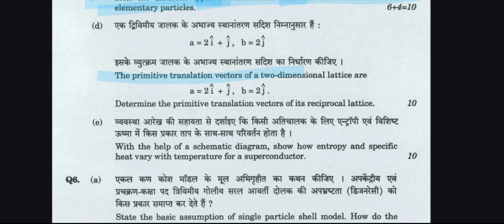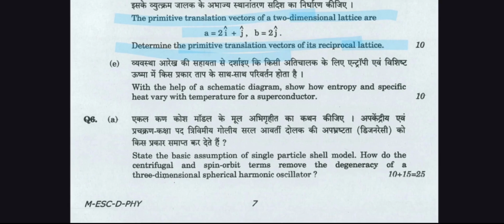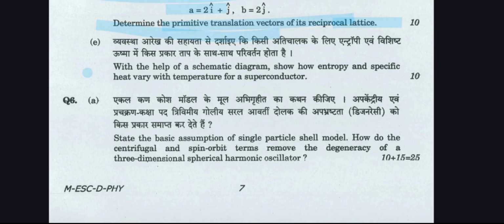The primitive translation vectors of a two-dimensional lattice are a equal to 2i plus j, b equal to 2j. Determine the primitive translation vectors of the reciprocal lattice. Question: with the help of a schematic diagram, show how entropy and specific heat vary with temperature for a superconductor.